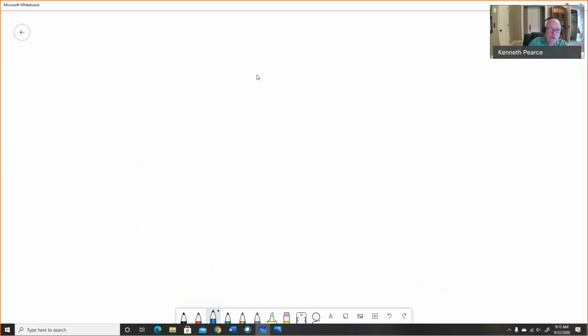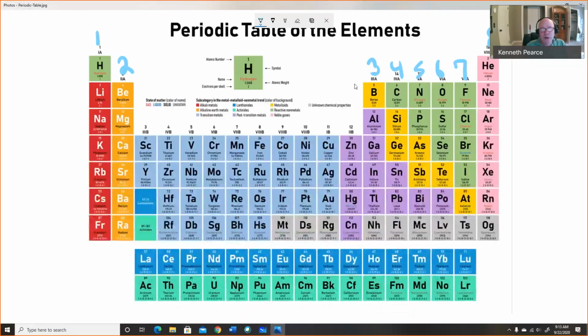Show you another illustration here of how you do these. Let's say we have boron trifluoride. Now, we still have to add these up, and we look for boron. Where is boron? Boron's over here in the 3 column, so we know it has 3 valence electrons.